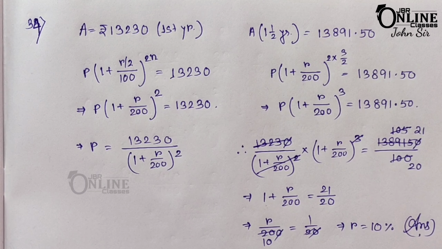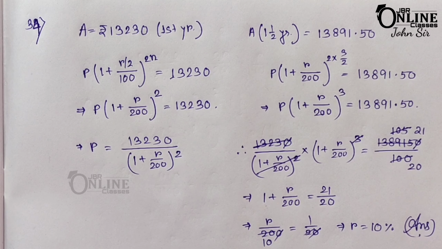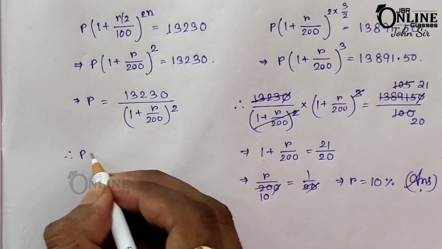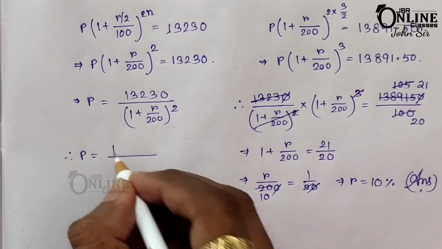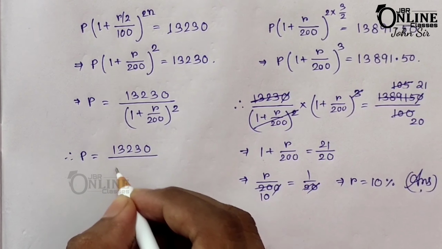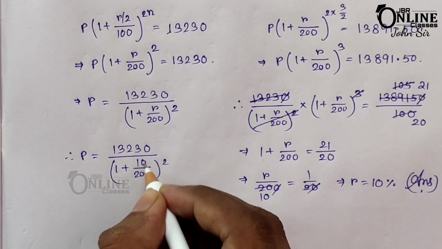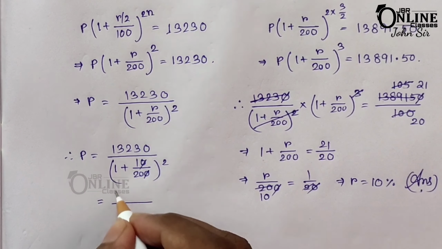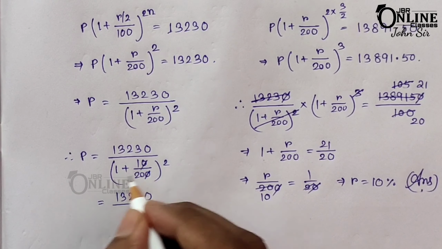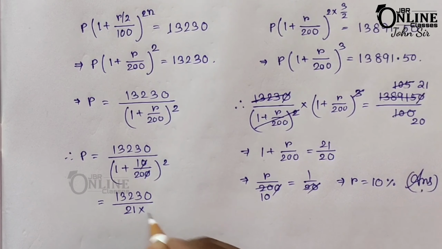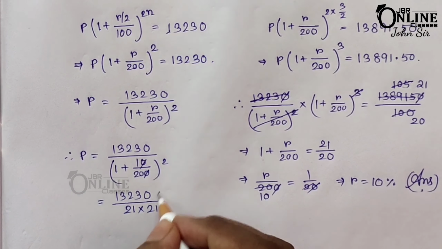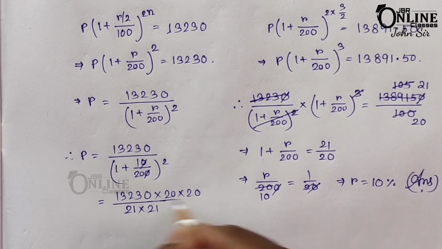Now the second one, you have to find out the principal. So just put down the value here. So P equals 13230, then (1 plus R by 200) whole square, with R as 10, so it will be 1 by 20. So 1 plus 1 by 20 means 21 by 20. As here it's whole square, so let's write it down 2 times.